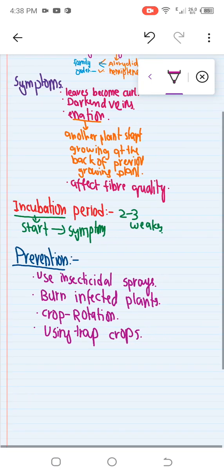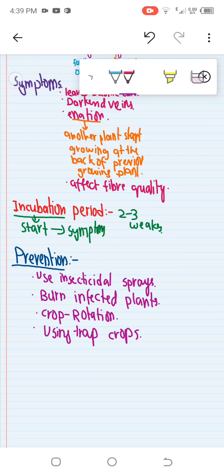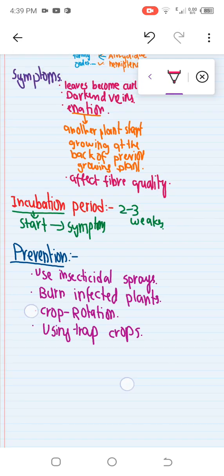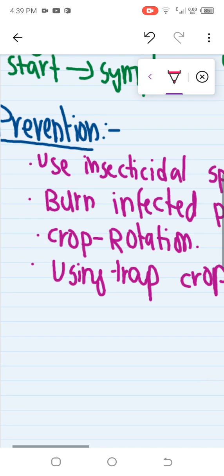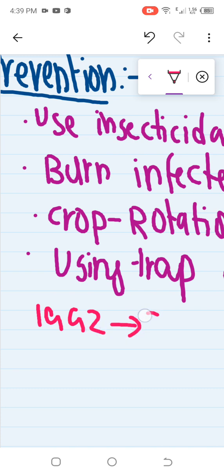Now here let me tell you, basically, in 1992 CLCuV was a serious disease for cotton. Mostly cotton was affected in 1992. CLCuV was a very serious disease.